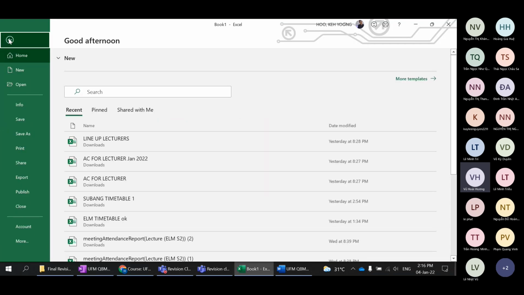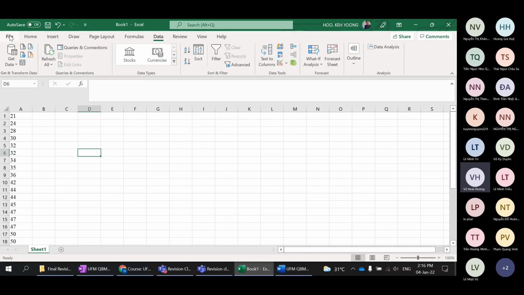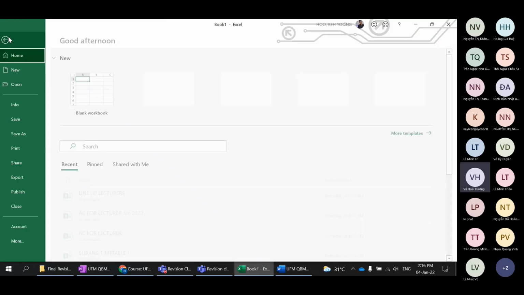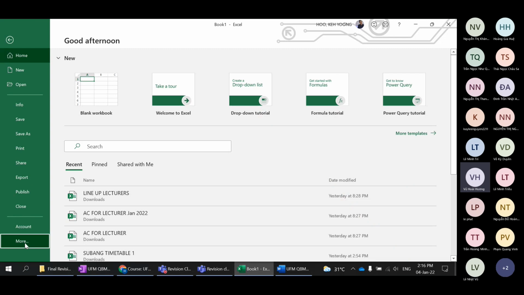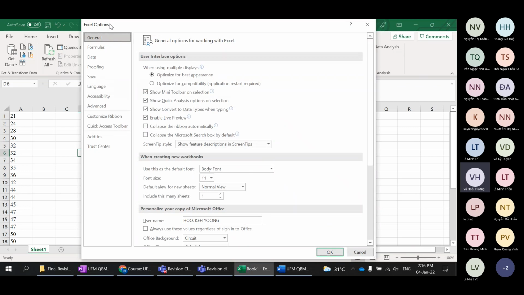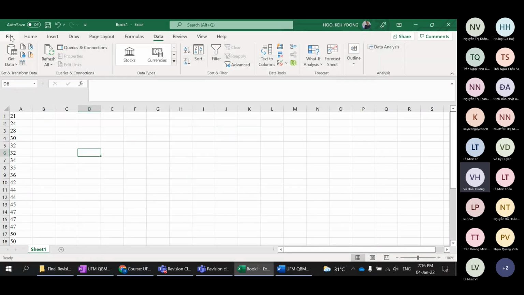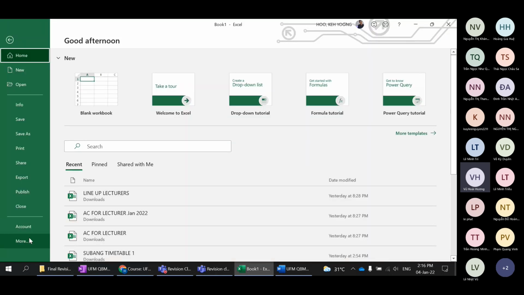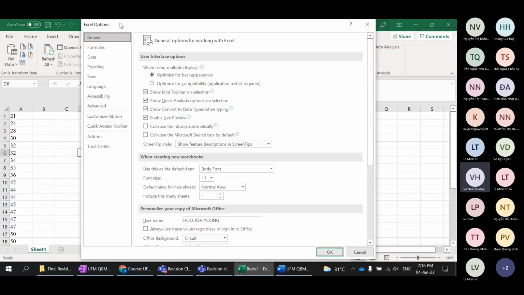Anyway, try to look for your Excel options. In my case, I click on File, then click on More, and the options window pops up. I repeat: go to File for my version, click More, then Options.